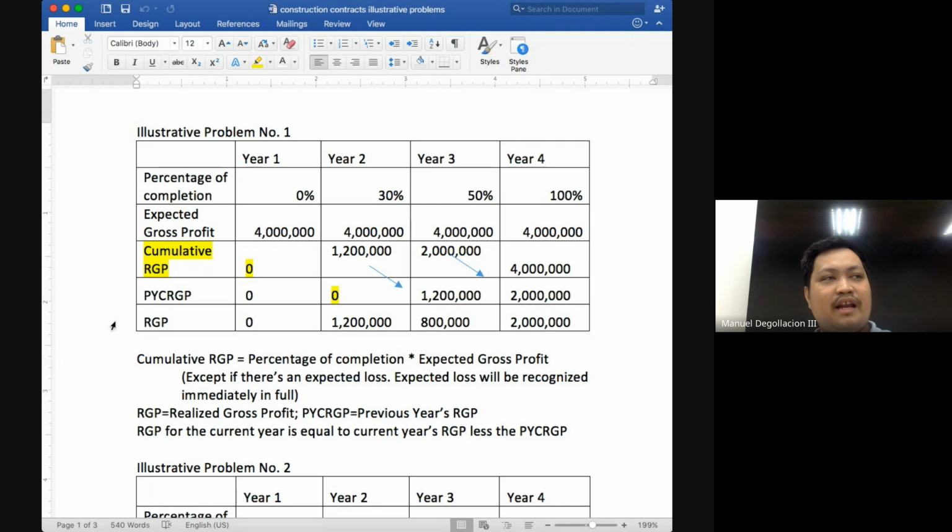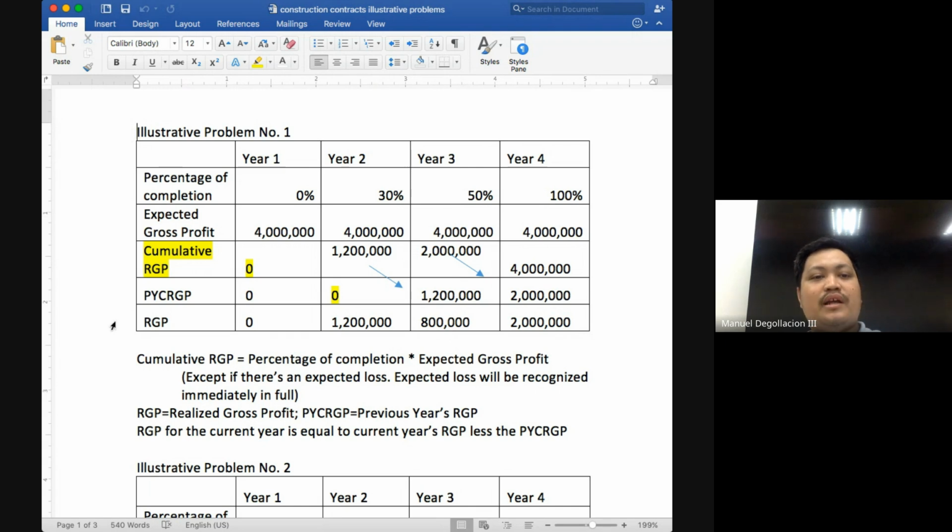But to simplify, so that you don't have to solve for year 2, assuming the question was year 4, do you really have to go through year 2 just to answer year 4? No, you just need the previous year's cumulative RGP as of year 3, because the PYC RGP as of year 3 will already include the previous years.